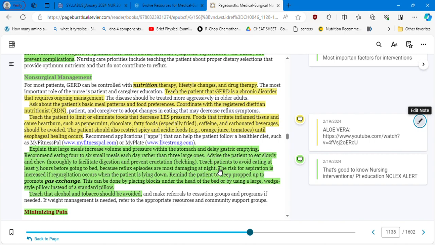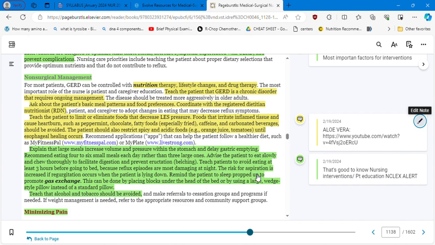So what we said before? We said that the patient needs to be in a sitting position at least 1 hour after eating, right? So if the patient is going to eat before going to bed, that's going to cause a lot of reflux, okay? The risk for aspiration is increased if regurgitation occurs when the patient is lying down.